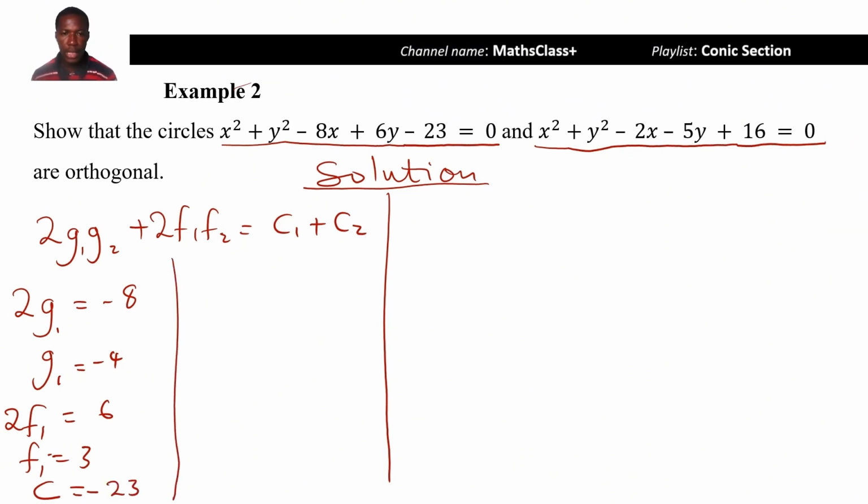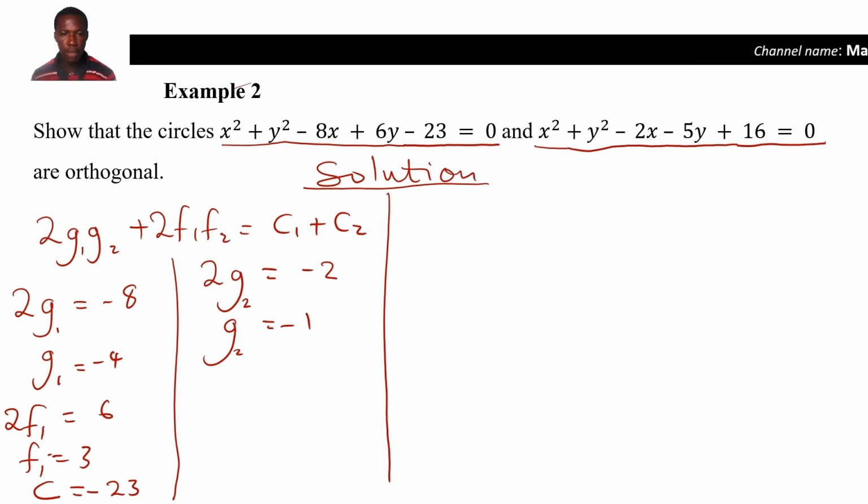Then when we take the second circle, our 2j2 will be equal to negative 2, so our j2 will be equal to negative 1. Then 2f2 is equal to negative 5, so our f2 is equal to negative 5 over 2. And our c is 16.